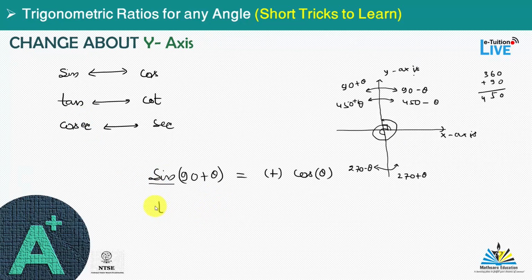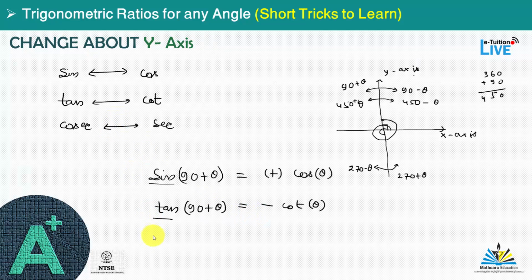Let's say tan of 90 plus theta. Now tan needs to change into cot, so this will be cot theta. And 90 plus theta is in the second quadrant, and in the second quadrant tan is negative, so we need to apply a negative sign here. So tan of 90 plus theta is minus cot theta.